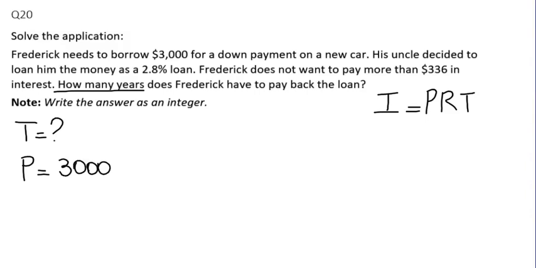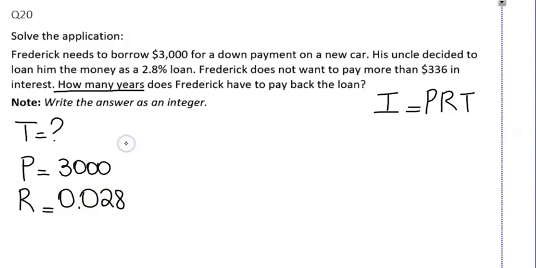How do I write the rate? This is English. The rate will be 0.028.